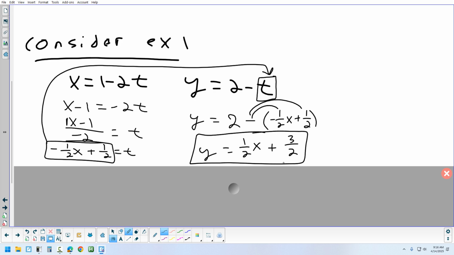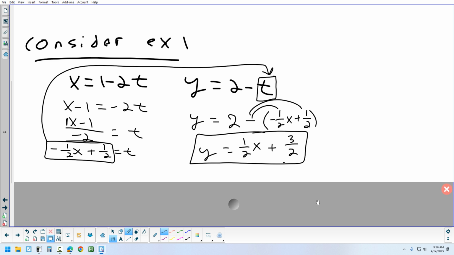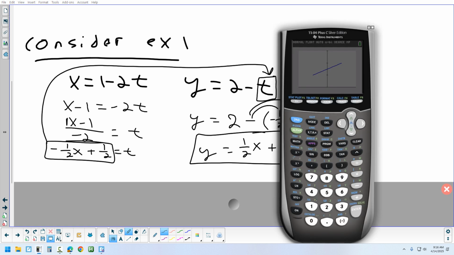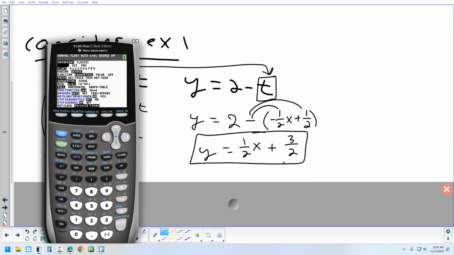So let's graph that now and see if it looks the same. If we did everything right, it should. I saved that picture already on the other page. When you go back to function, it will automatically carry your window with you. So the x-min and x-max and all that, it copies over.